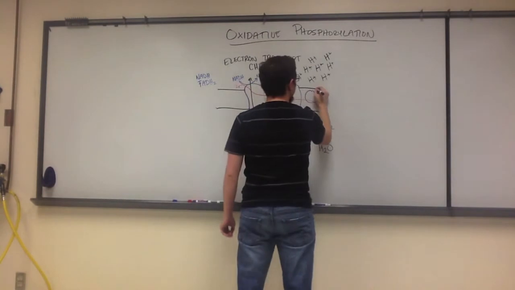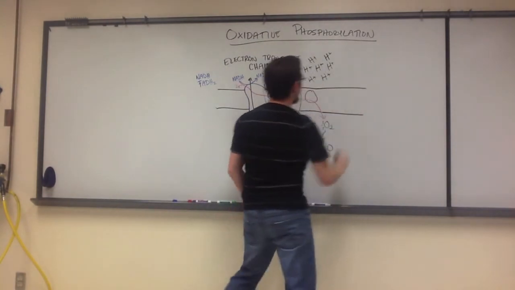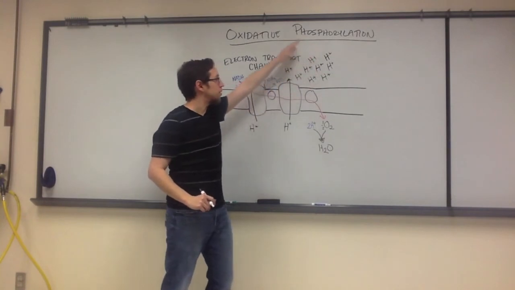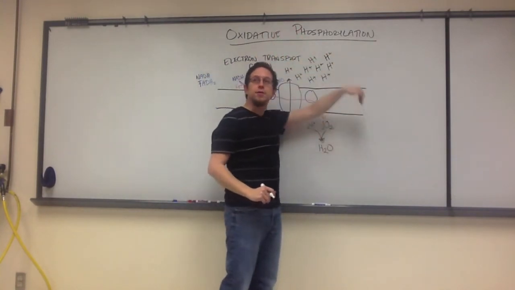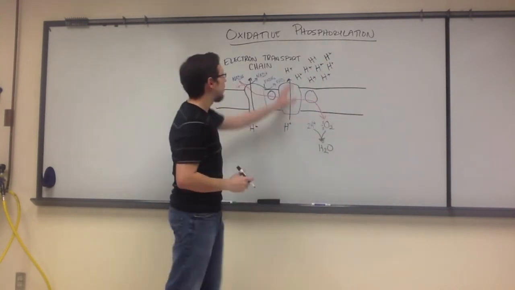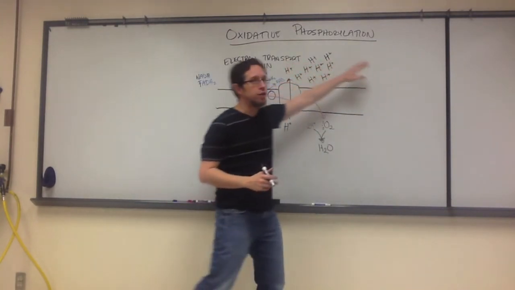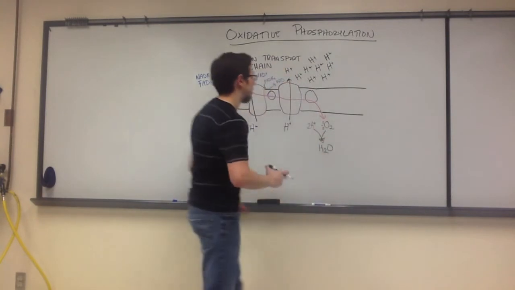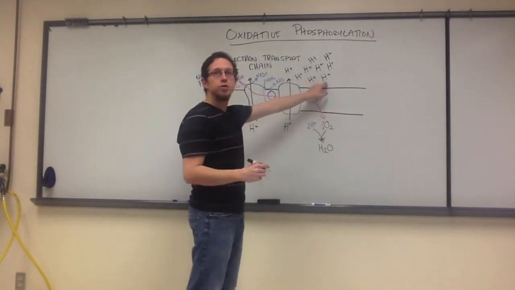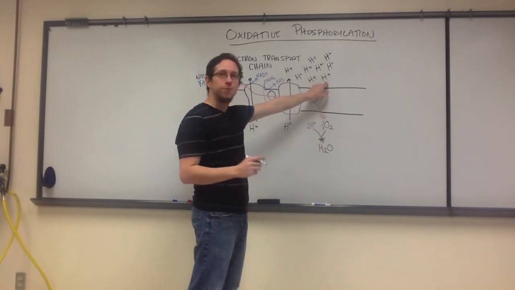And you'll recall from the diffusion unit that when we have a really high concentration gradient, these protons will ultimately, if they have the capacity to do so, diffuse back across the membrane from an area of higher concentration to an area of lower concentration. Now, because these are charged, they currently have difficulty doing that.